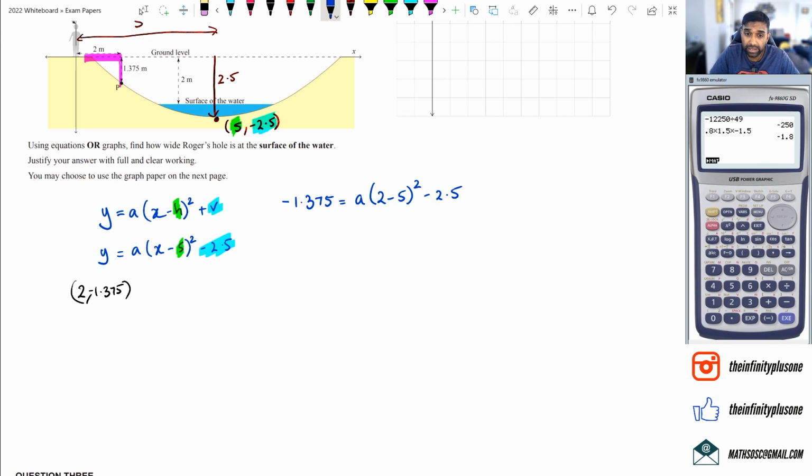So I'm going to rearrange this particular equation, and I'm going to try and work it out. So I've got negative 1.375 equals a times (negative 3) squared minus 2.5. I take the minus 2.5 to the left hand side, which becomes plus 2.5, and I've got negative 3 squared, which happens to be positive 9.